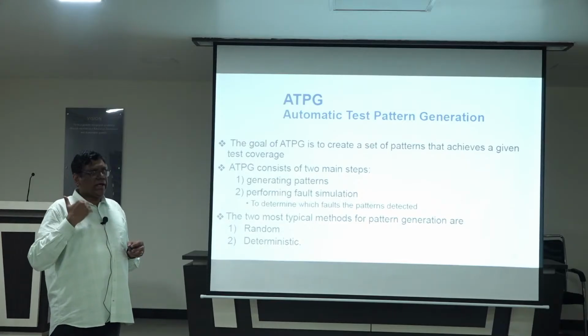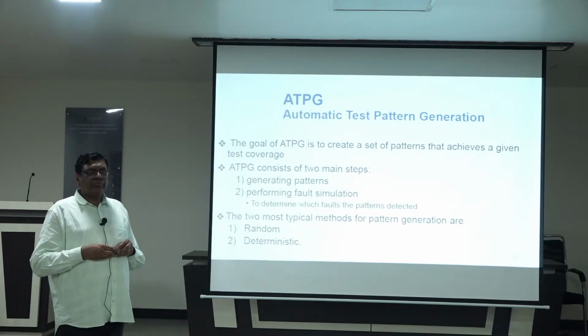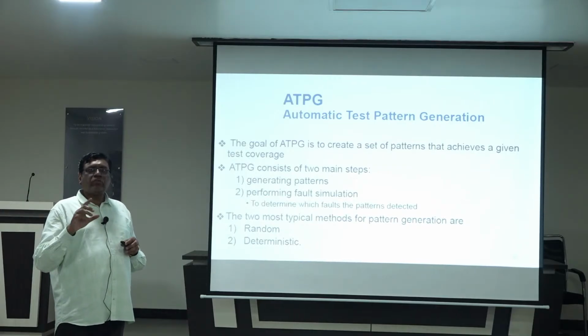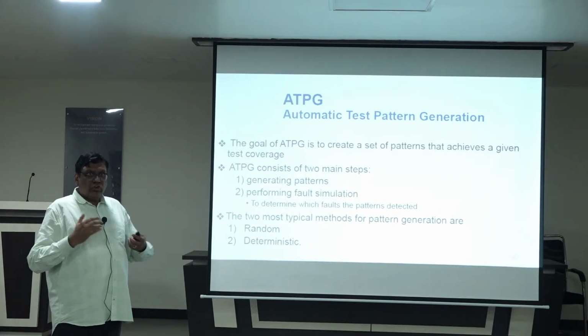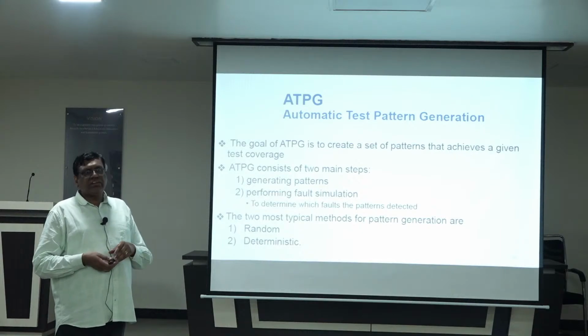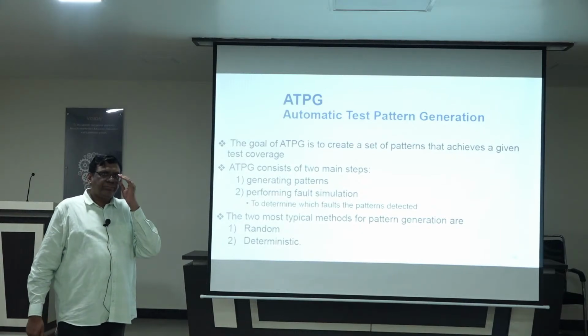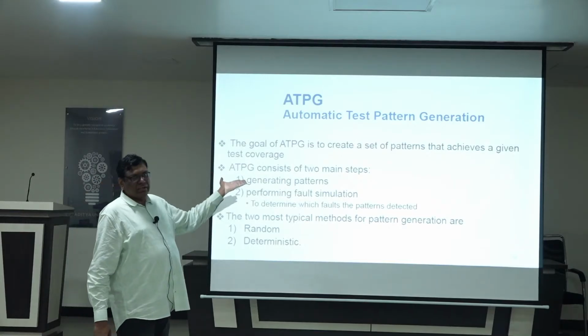We can't get 100% testing. At least 1% will be left out. So of the product, whatever you are getting, 1% is not tested. There is no feasibility to test it. That 1% we are losing. We have to get up to the max value.